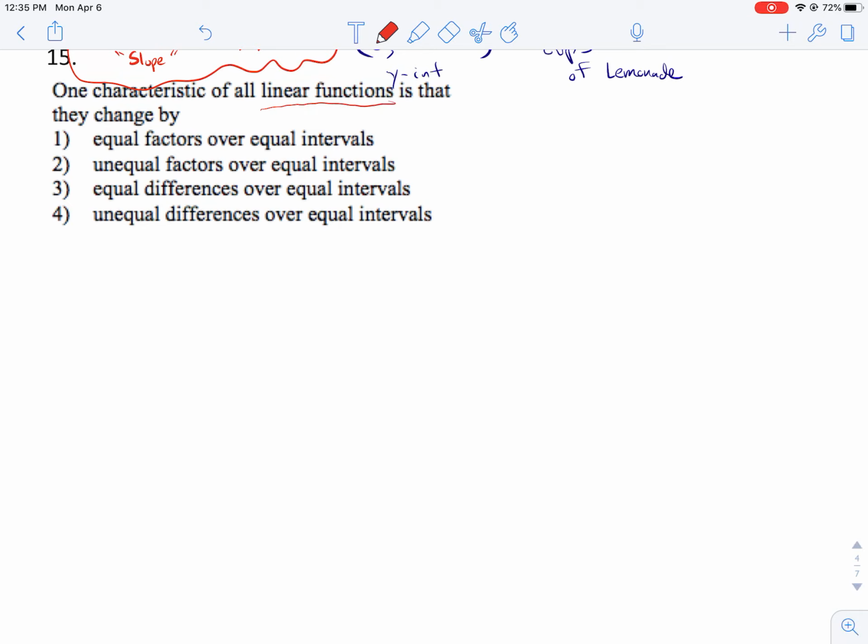All right, so it says one characteristic of all linear functions is that they change by... This is a multiple choice, and we're trying to think about which of these answers is the correct one.